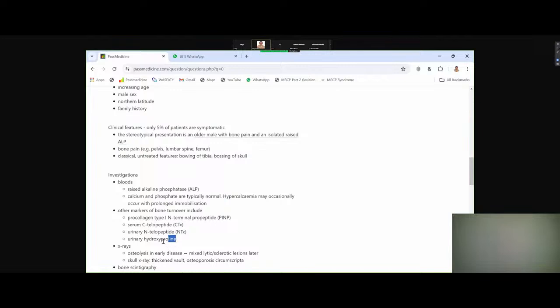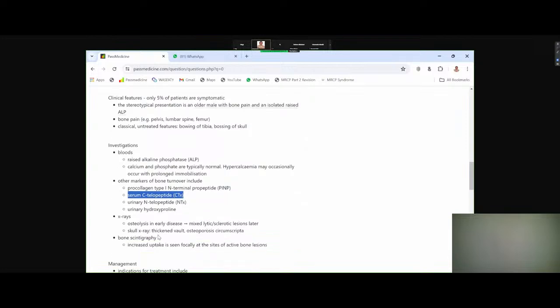Previously they used urinary hydroxyproline, but nowadays they use serum telopeptide. X-rays show osteolysis in early disease and mixed lytic sclerotic lesions later; skull X-ray shows a thickened vault and osteoporosis circumscripta. Bone scintigraphy shows increased uptake focally at the sites of active bone lesions.